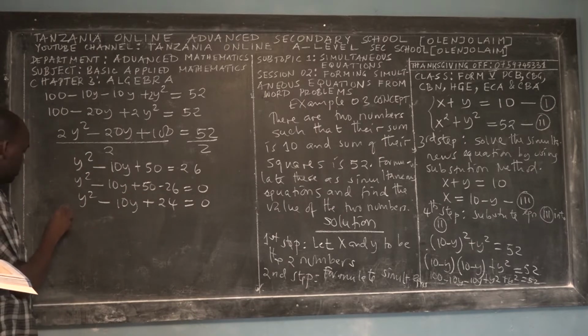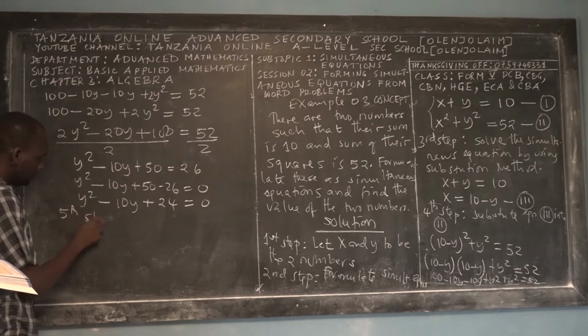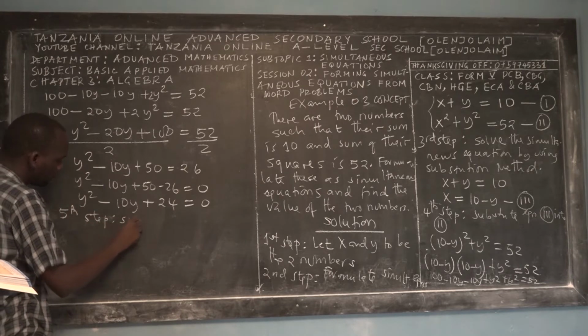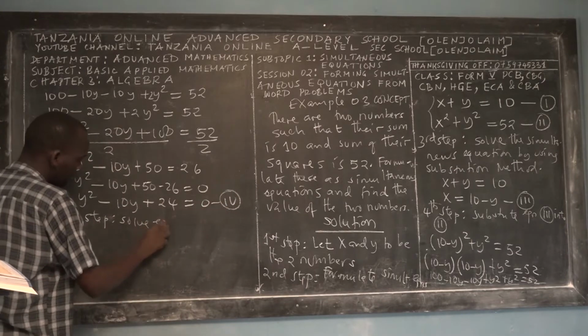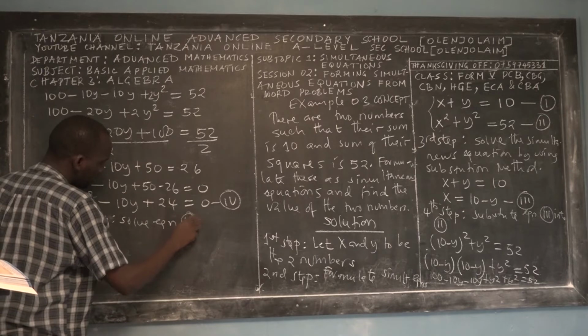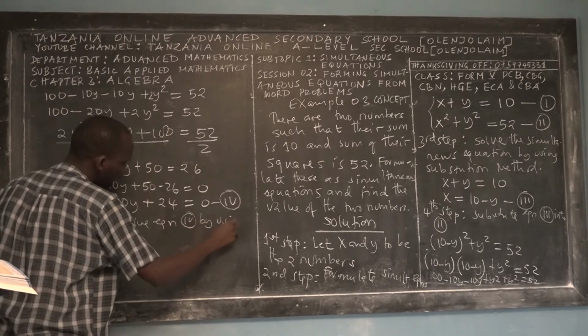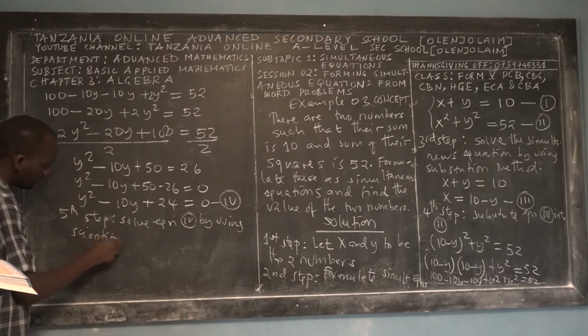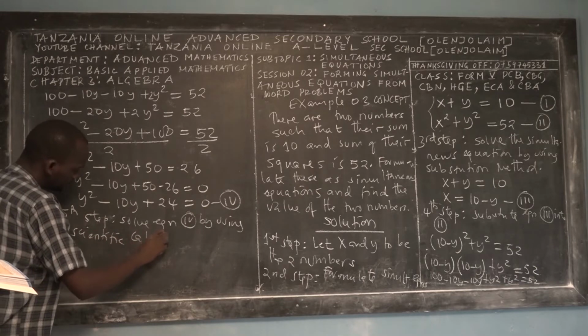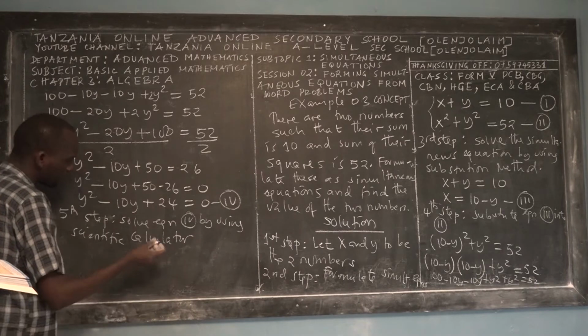So from here we can go to the fifth step. We say: solve what? This is what we got, equation 4. Solve equation 4 using the scientific calculator.